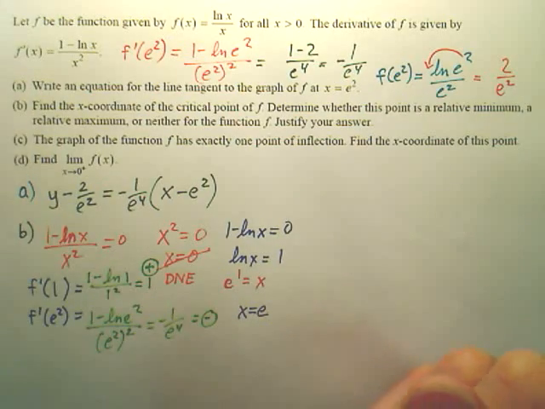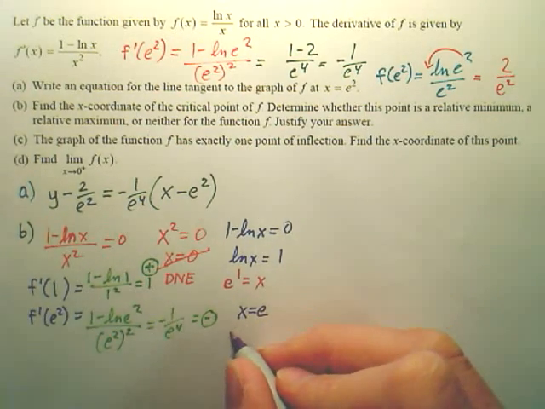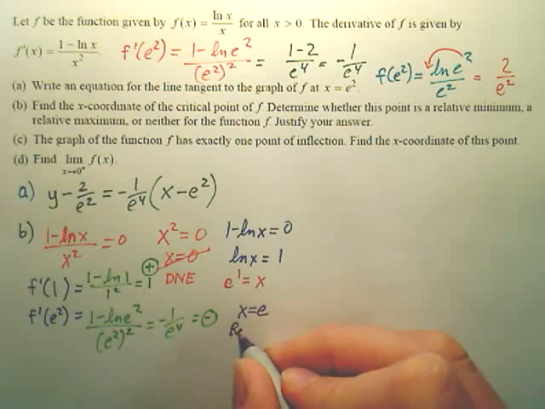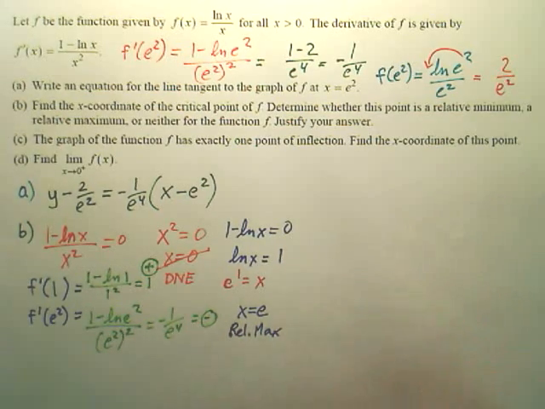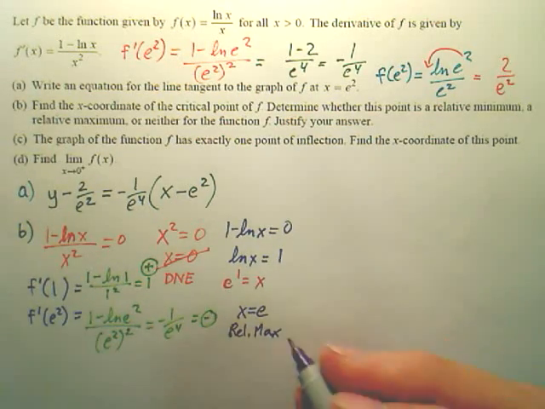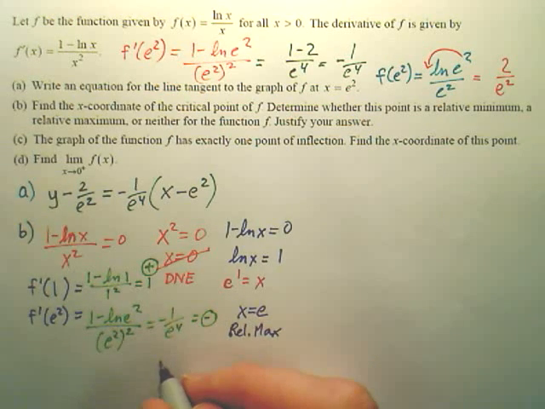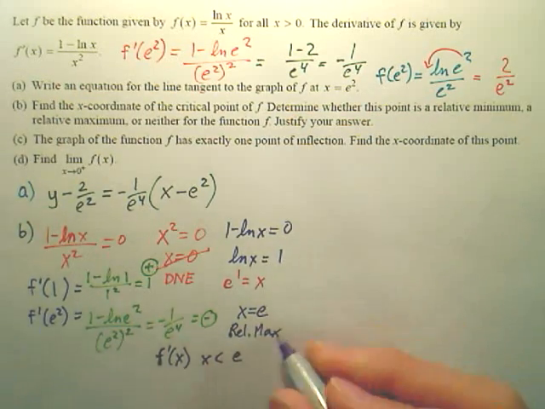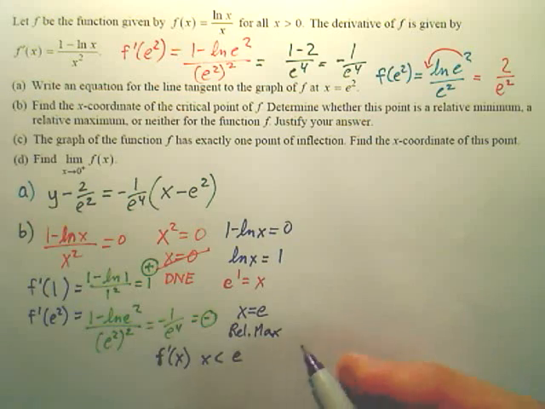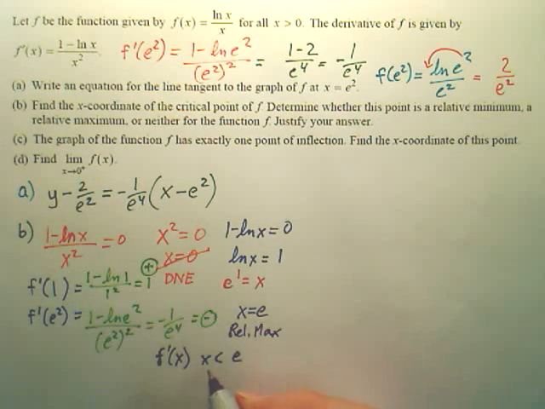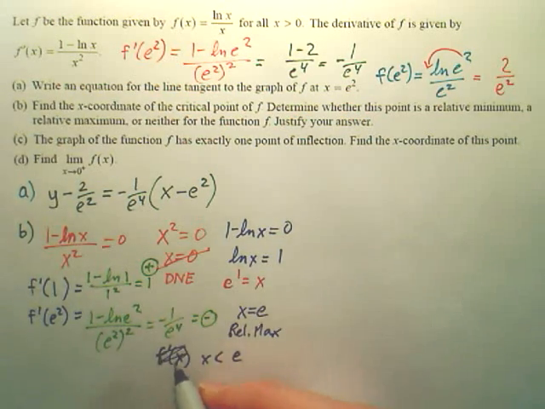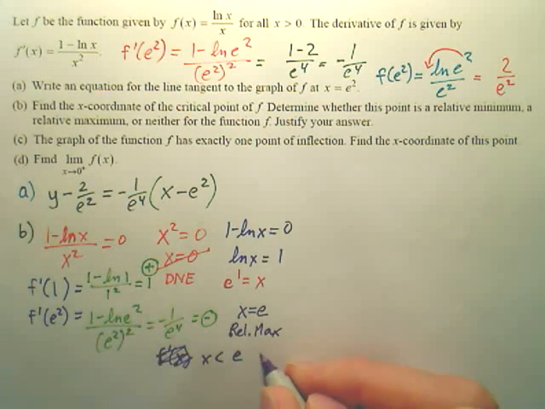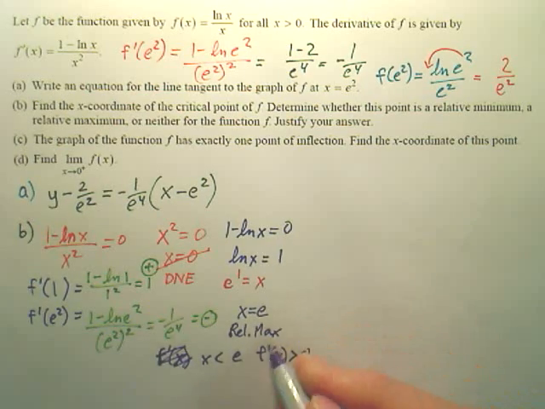X equals e is a relative max, and for the reasoning, I would probably put that for f prime x, when x is less than e, f prime x is greater than 0.